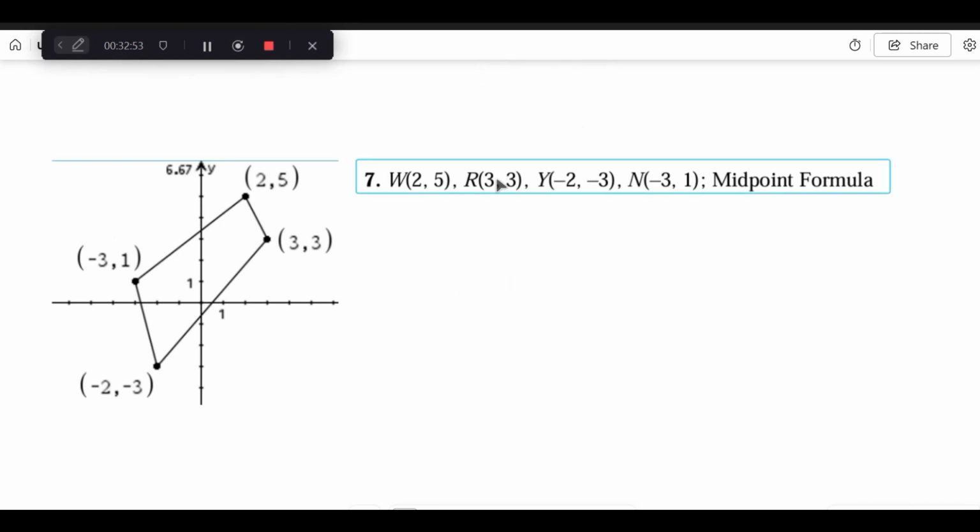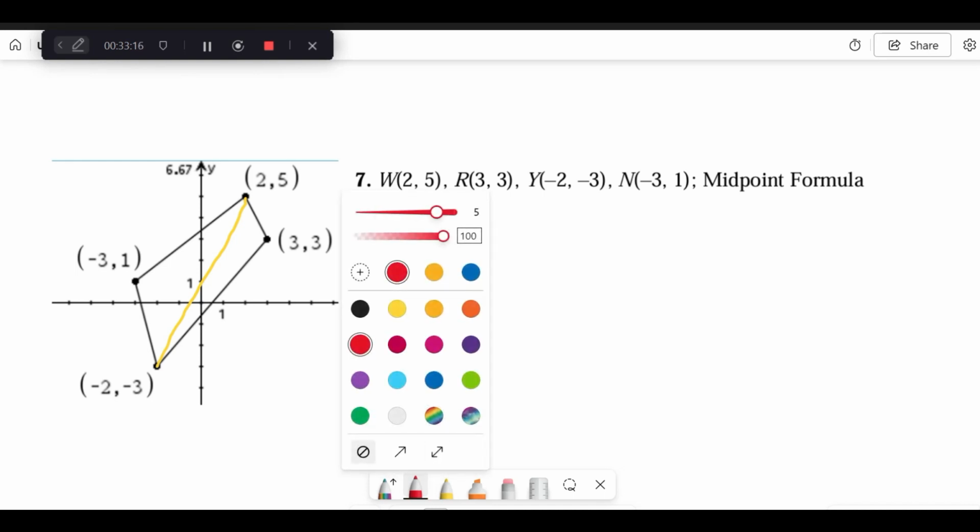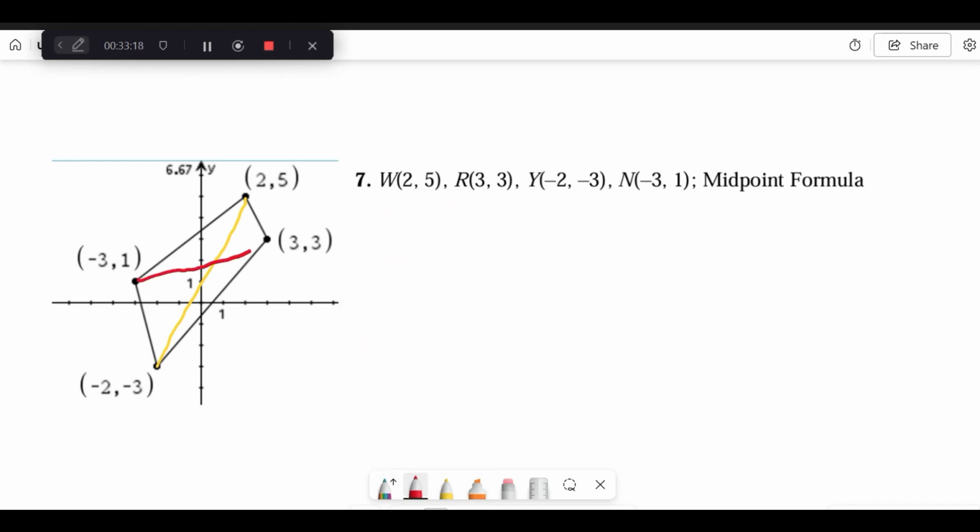Okay, so you might remember that the midpoint formula is done by adding the x's together and dividing in half, right? Then adding the y's together and dividing in half. But I'm going to show you which ones I need to connect. From the yellow, I'm going to use yellow to show you one diagonal, and red to show you the other diagonal here.